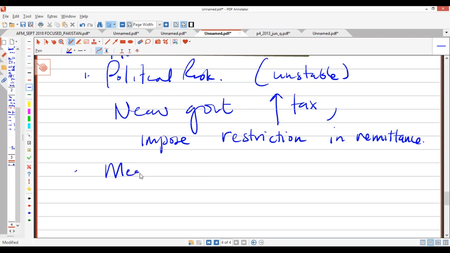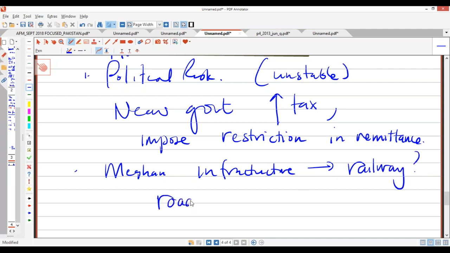Country infrastructure: will they have railway, roads, shipping? Sometimes you make sure that you have these before you go there. All these are risks.